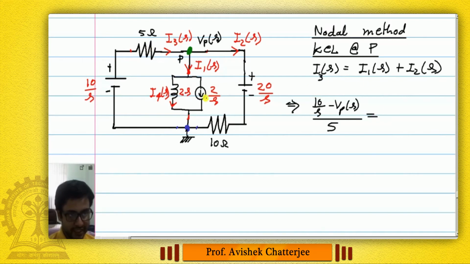Now I1S is this 2 by S, this current, plus this current. And how much is this current? This current will be the voltage across this inductor, VPS, divided by 2S. 2S is the impedance in the Laplace domain of this inductor.